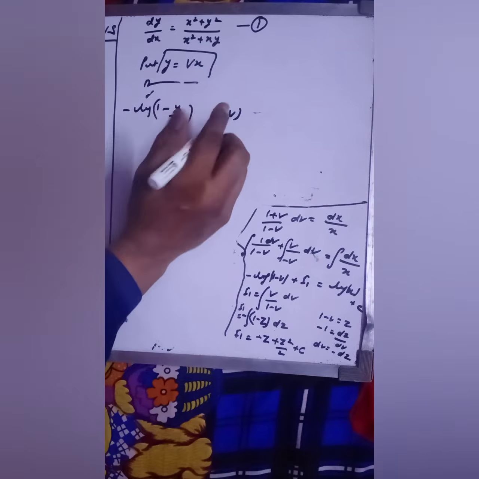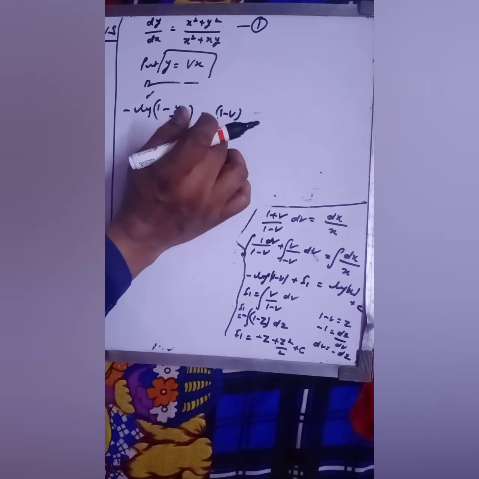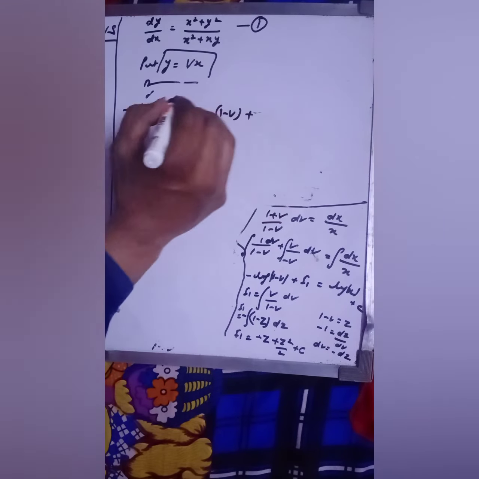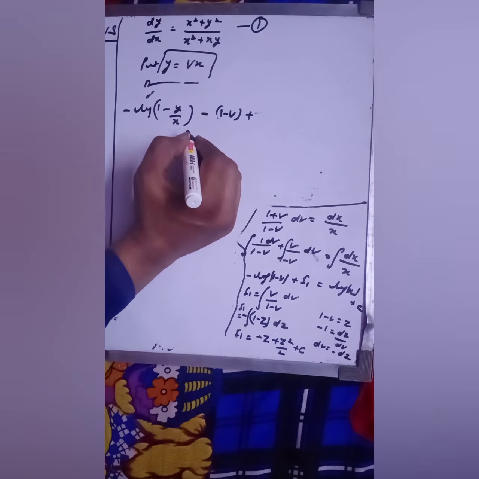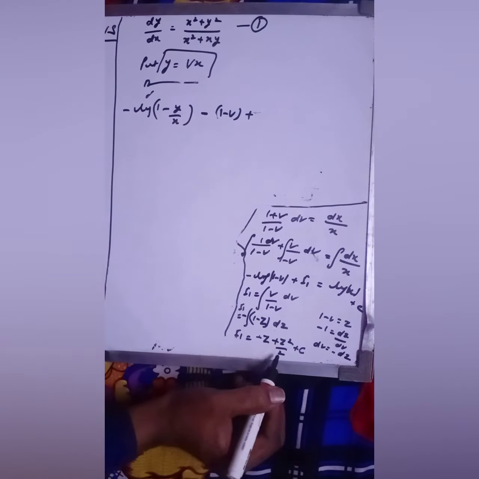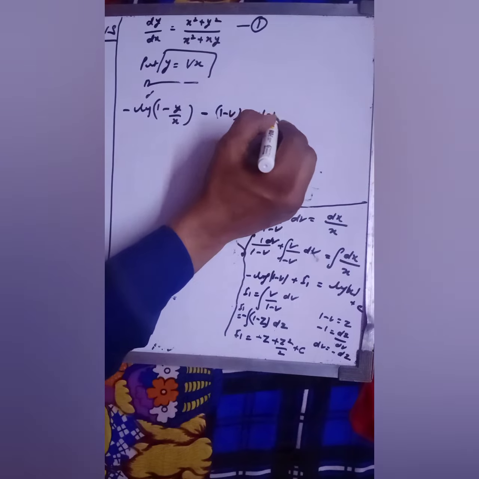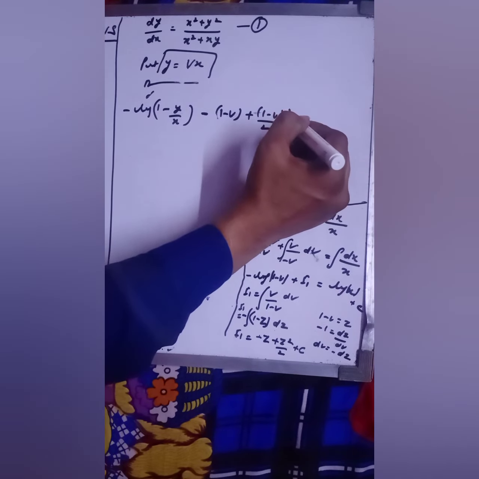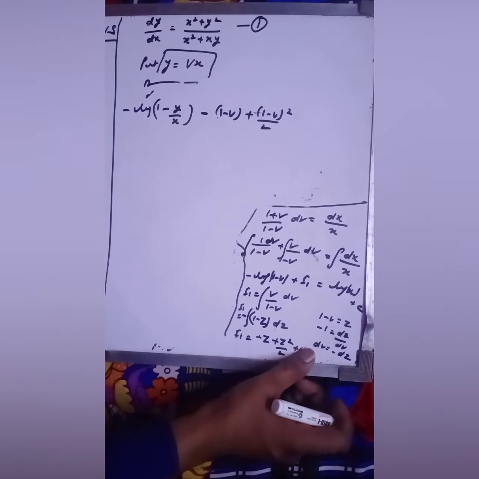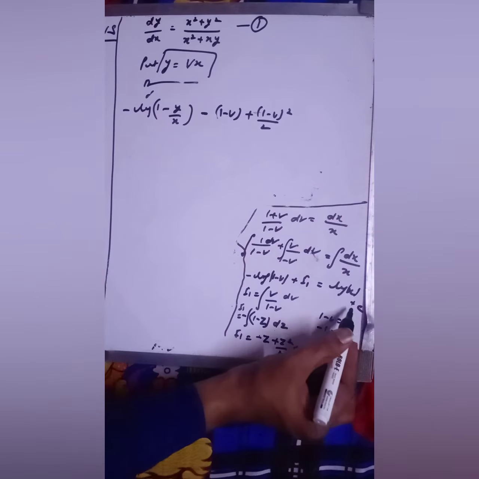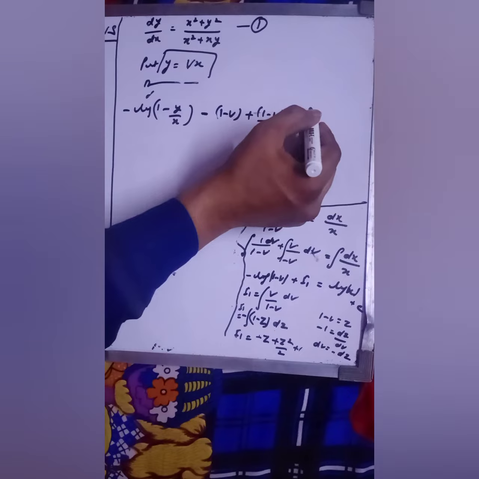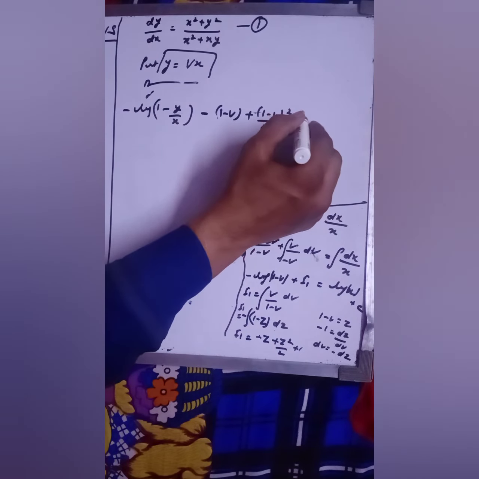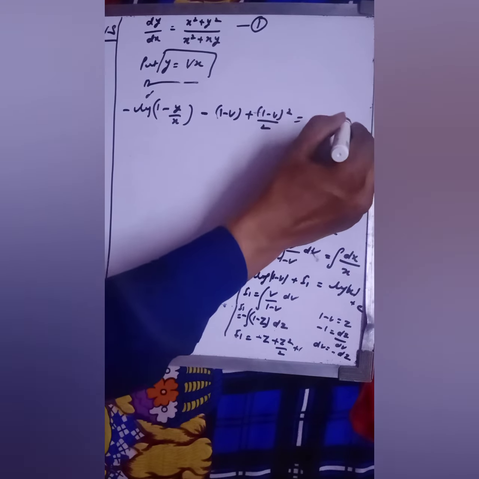Okay, so here I'm writing minus sign only. Okay, plus this is z square upon 2. So your z is 1 minus v, so (1 minus v) square upon 2. And no need to write this c because c is already written with x log. Okay, so that is equals to log x plus c.